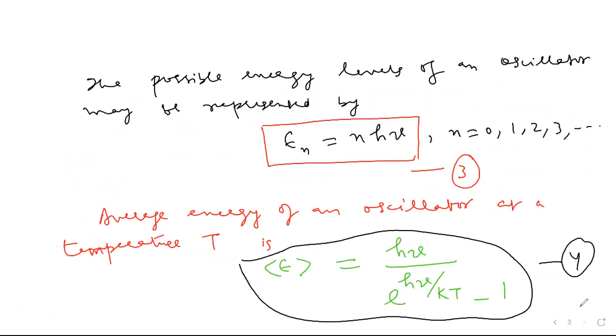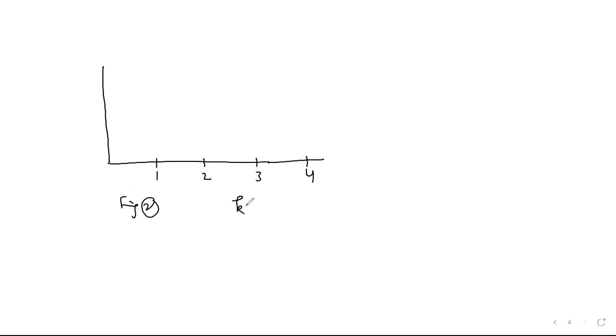I will draw a figure first, then I will explain. Let me draw this figure. This is figure 2. This is 1. This is 2. This is 3. This is 4. This is h nu over kT.